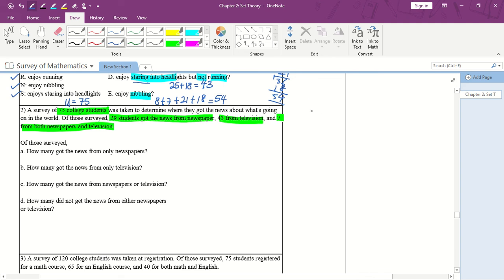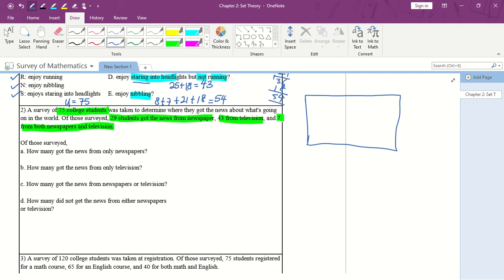Okay, so basically we have a universal set. And remember, these questions are talking about the number of elements, or numbers of students. So it doesn't talk about the elements in the set. So U is equal to 75. And we have two sets.